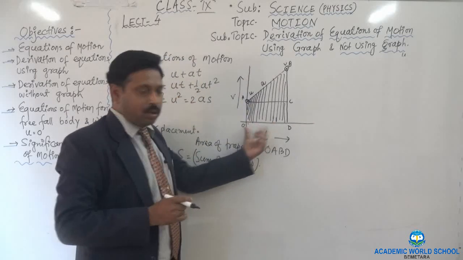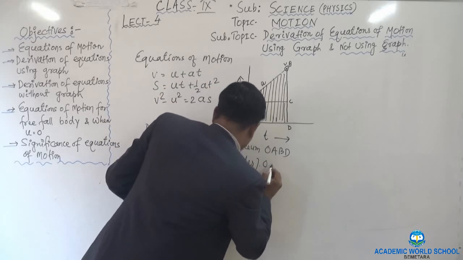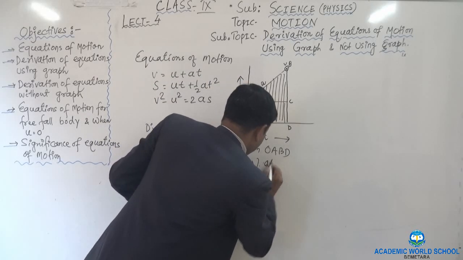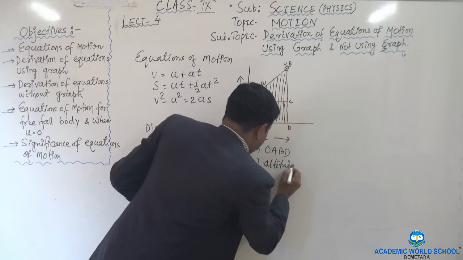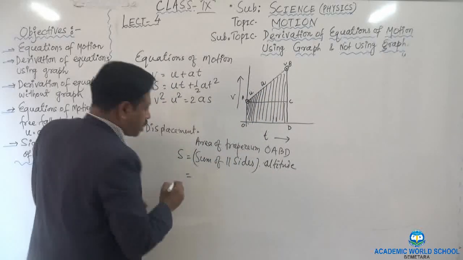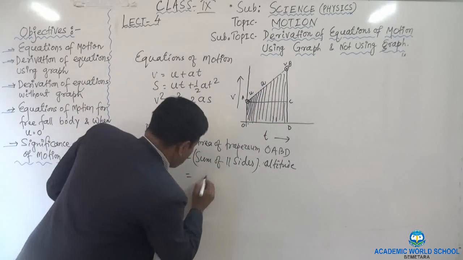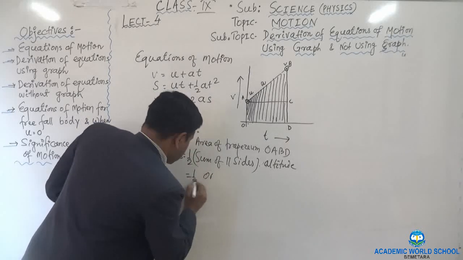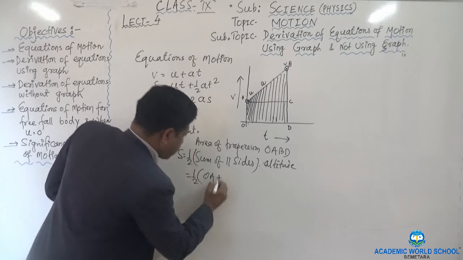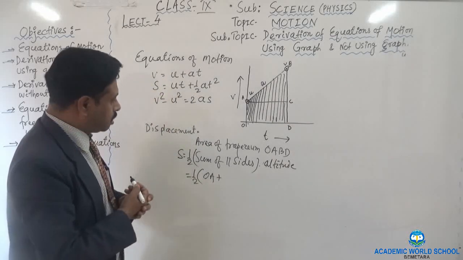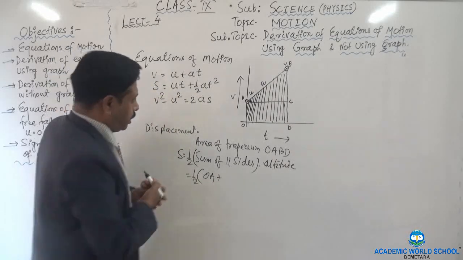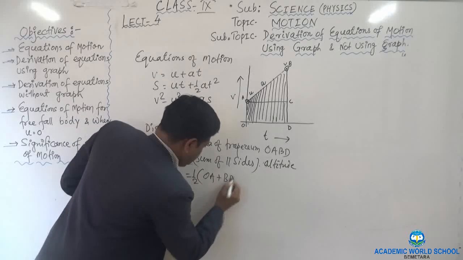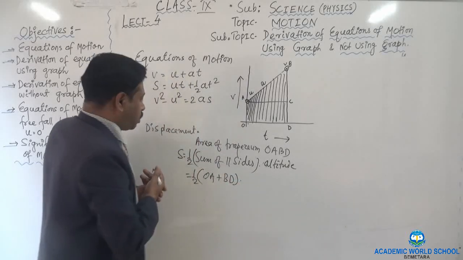Height is OD. Okay. So do write down your altitude. Now you can write the symbols. So the sum of the parallel sides is OA plus BD. s equal to half into OA plus BD into altitude, which is OD.